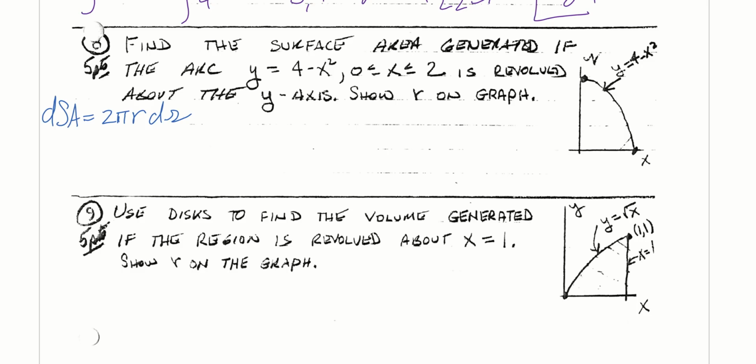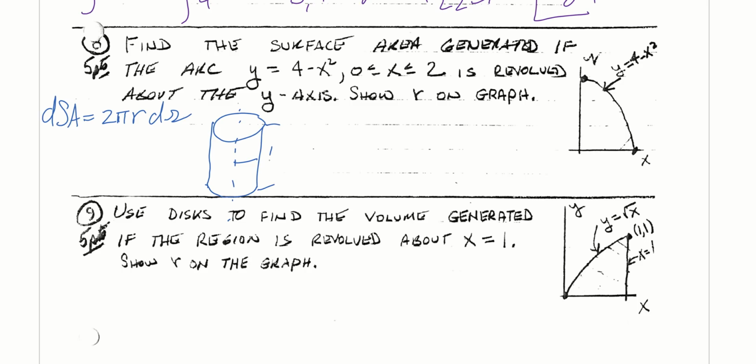So it'd be 2 pi r, the circumference, times ds, the length. How far does that circumference go? So if it was perfect, you can just say ds is equal to 1 for a cylinder, because it wouldn't change as you go about this axis.